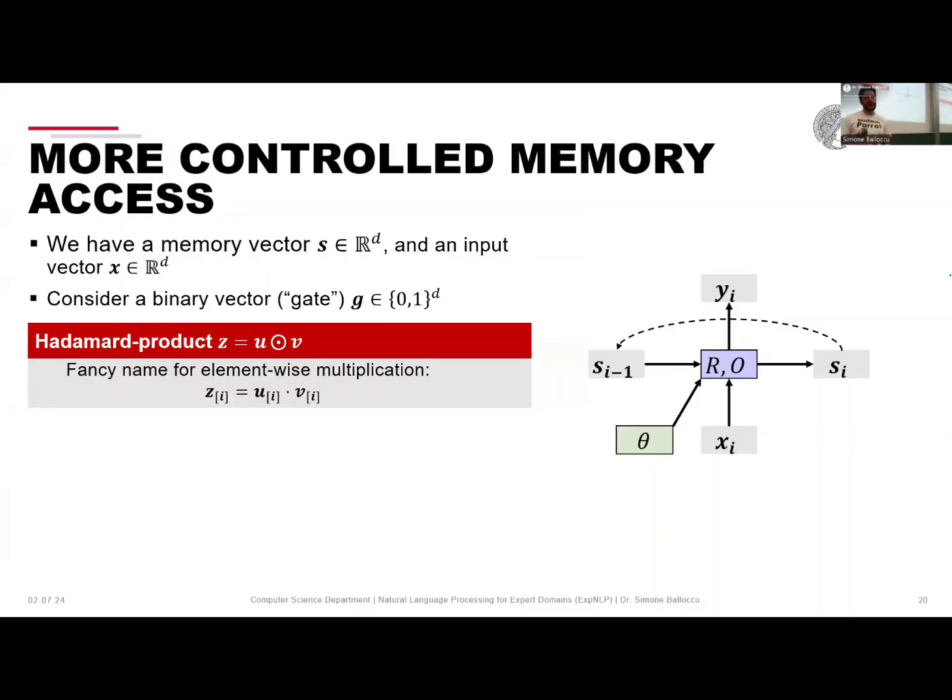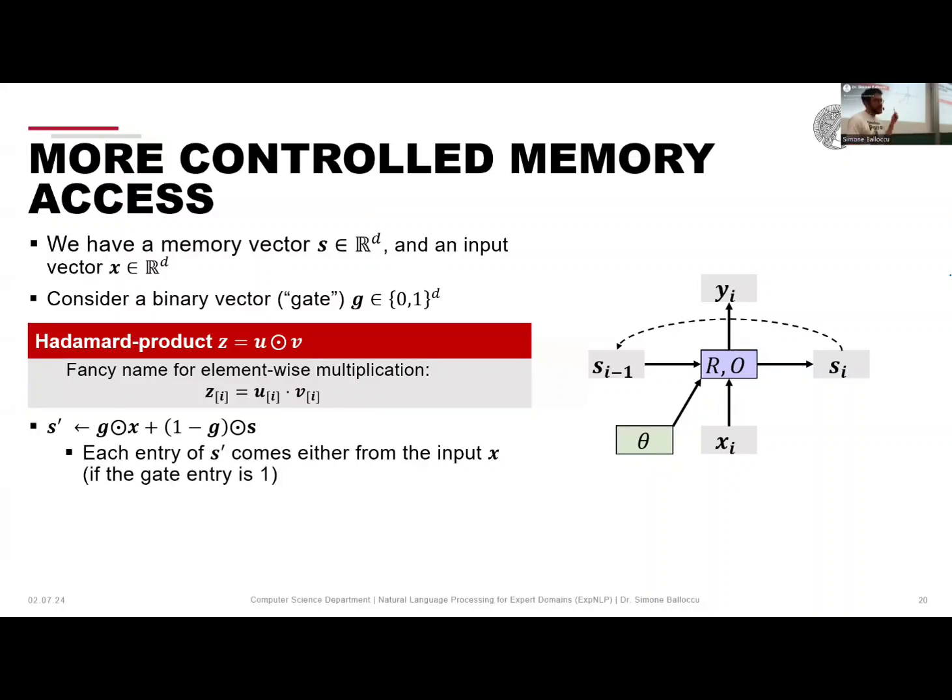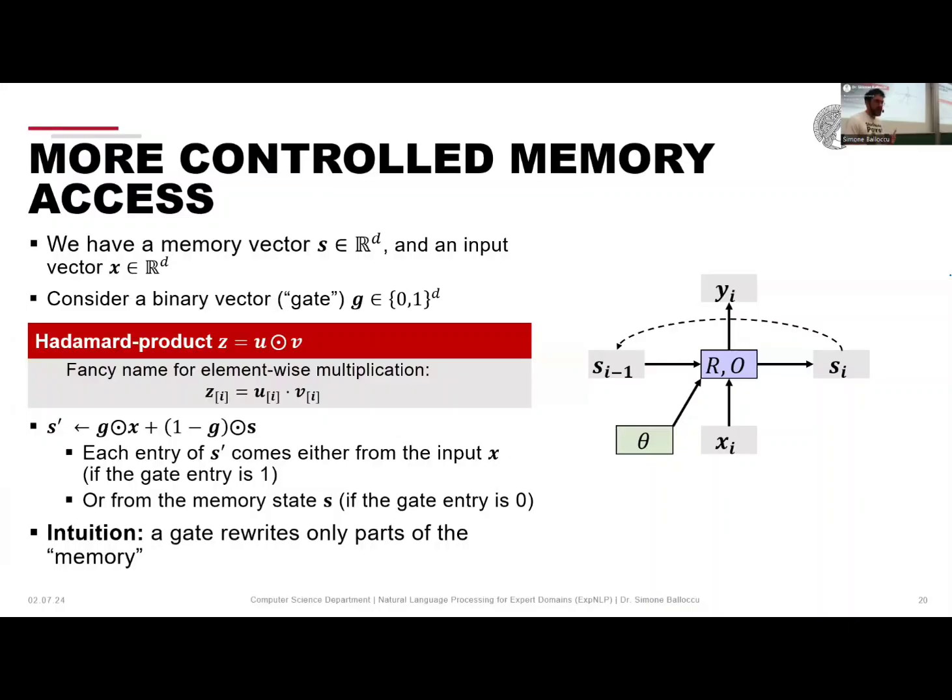We say that our new state is the gate times the input plus the complement of the gate times the state. This means that every entry of the new state comes either from the input x when the value of the gate is 1, or from the memory state when the value of the gate is 0. And this means that through a gate, we can rewrite only part of the memory. We're going to see a practical example now.